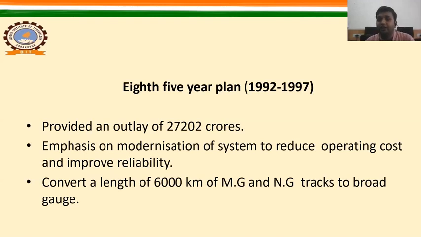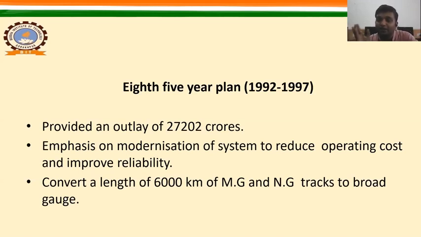Before this, in our country, the entire length of railway line was confined to meter gauge and narrow gauge. I will talk about meter gauge and narrow gauge in my coming modules and lectures, so you don't have to worry about it. But these are the technical terms: meter gauge, narrow gauge, broad gauge.